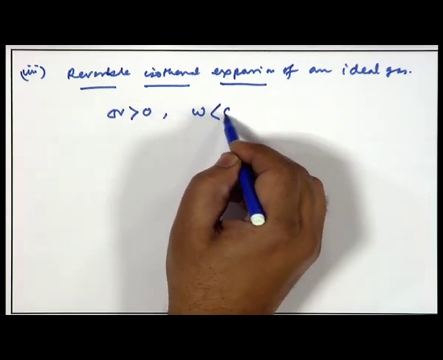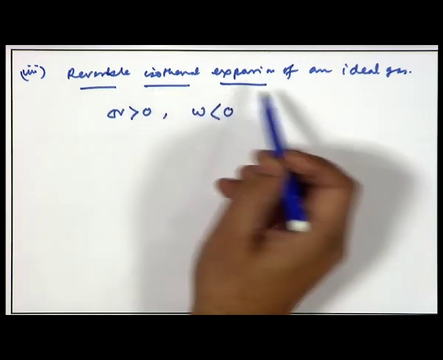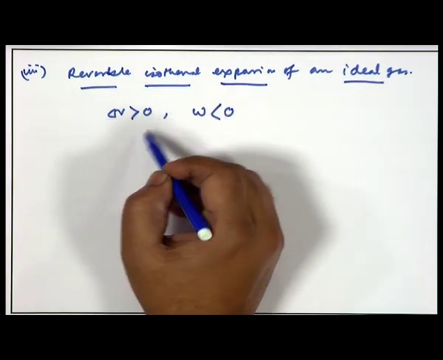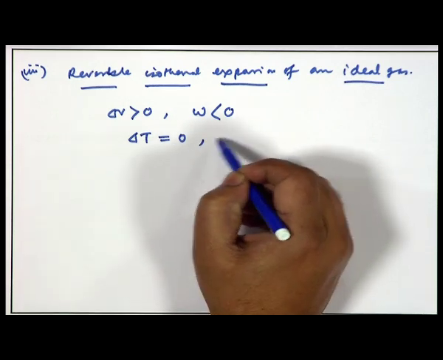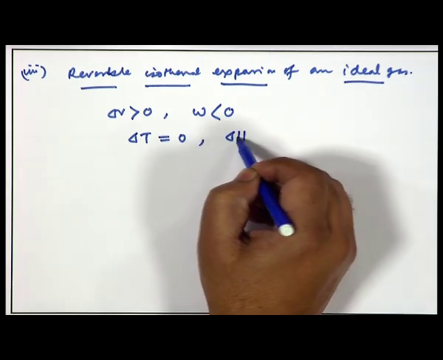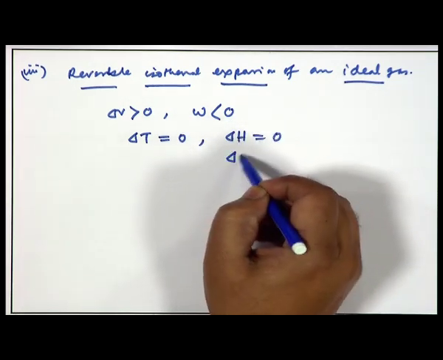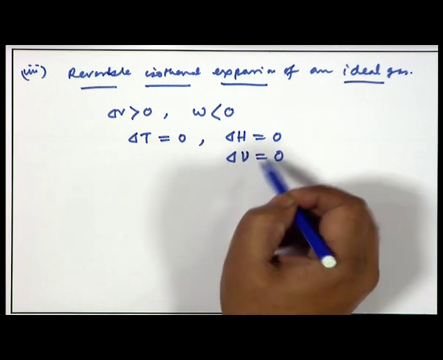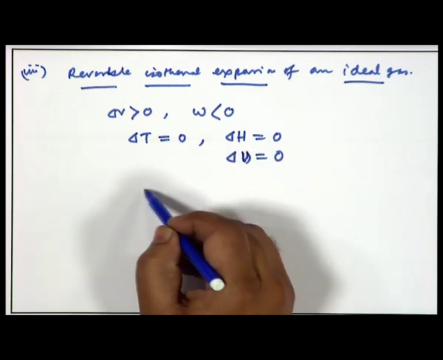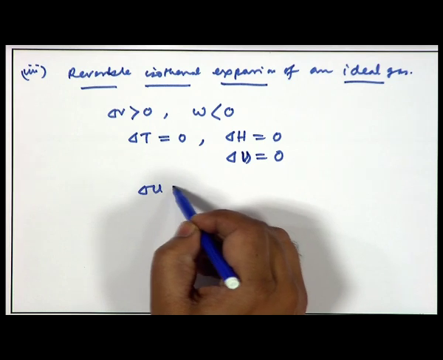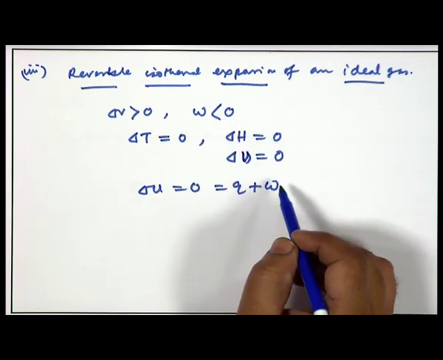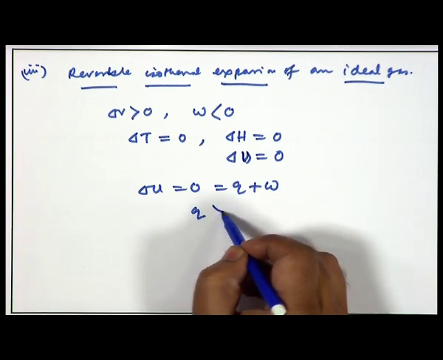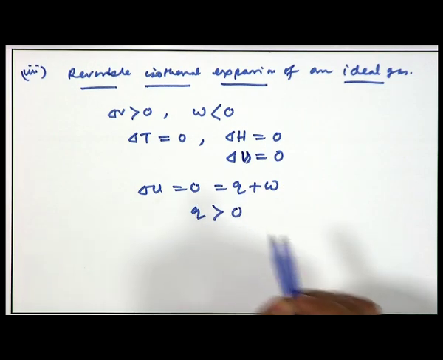So, w is less than 0. For an ideal gas isothermal, del T is 0, and when del T is 0, we know for ideal gas del H is 0, del U is 0. Del U is 0, which is q plus w, and w is less than 0. So, q must be greater than 0.